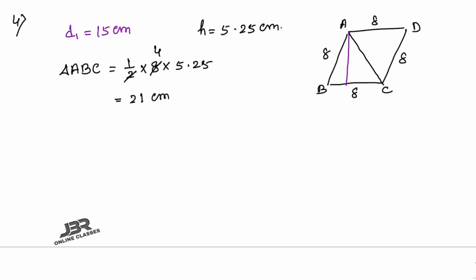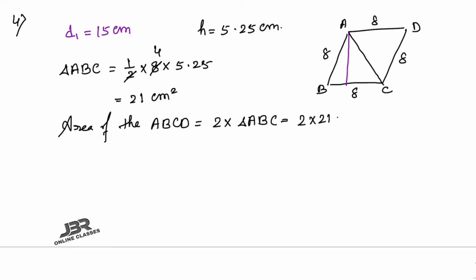So 21 centimeter square is the area of that triangle. Now the area of the rhombus ABCD is equal to 2 into triangle ABC, so 2 into 21, that is 42 centimeter square.